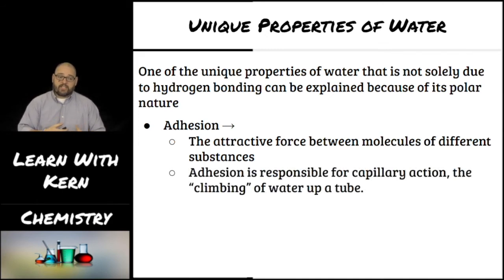Now, adhesion is responsible for capillary action, which is when water gets drawn up into a straw, or when you take a paper towel and you stick it in water and the water kind of climbs up the paper towel. That's what capillary action is. It's also one of the things that allows water to travel up the stems of flowers. It's not the only mechanism for traveling up.